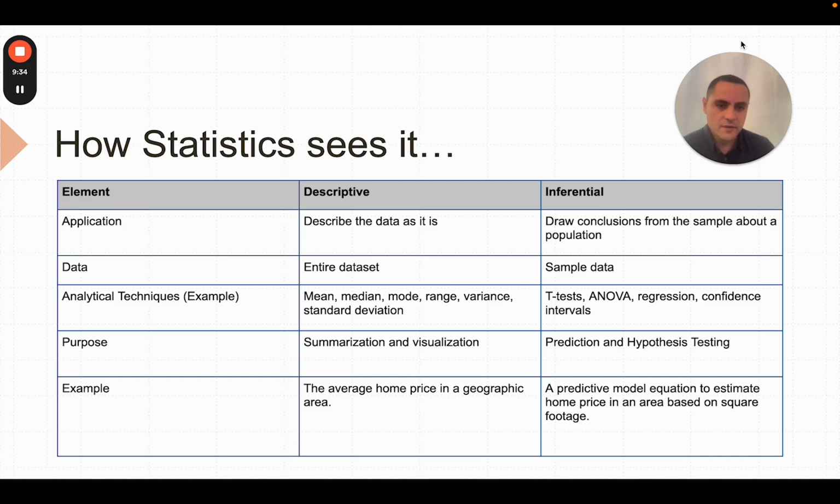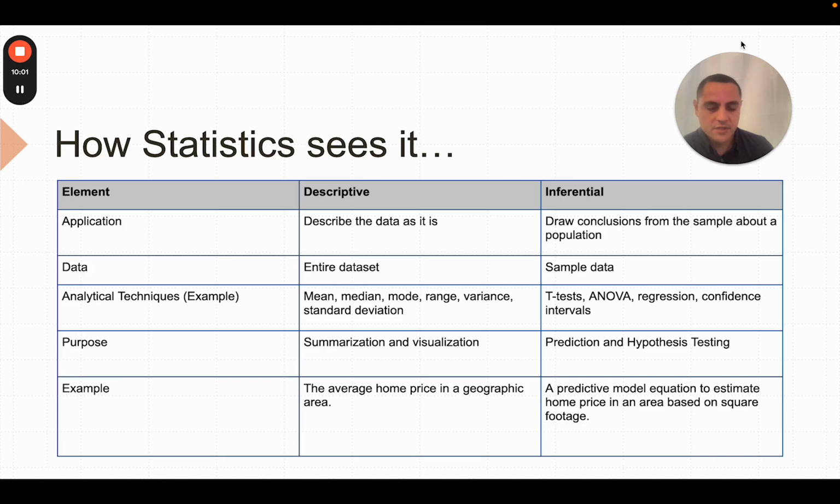We might use ANOVA, we might use regression, and we might develop confidence intervals. I hinted at this in the last module, but there's always some sort of range of uncertainty, and that's where we're able to leverage statistics and understand what that uncertainty would look like around that estimate.